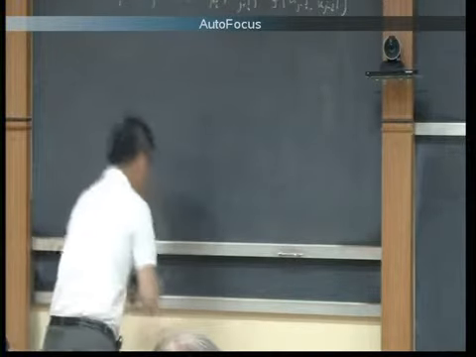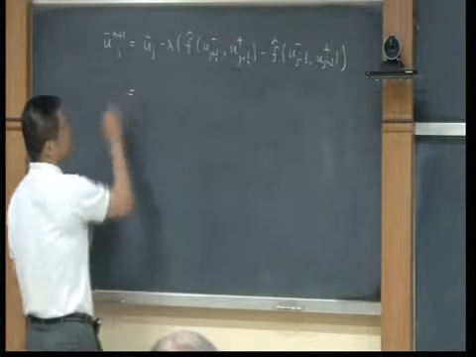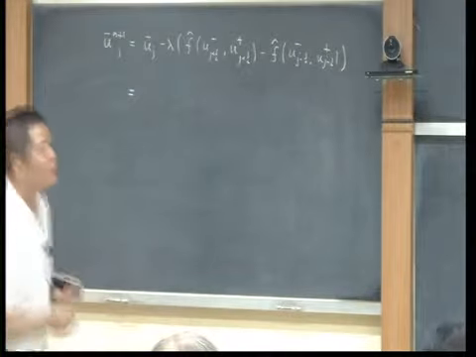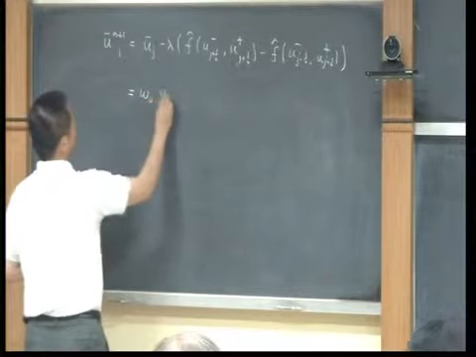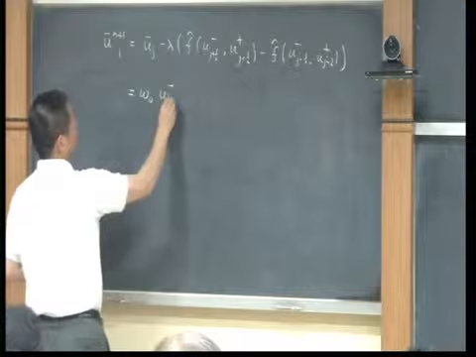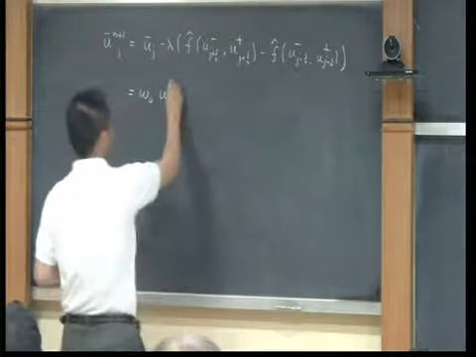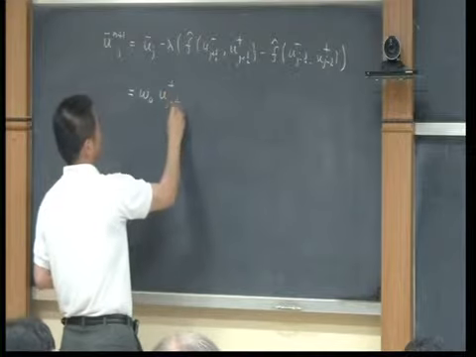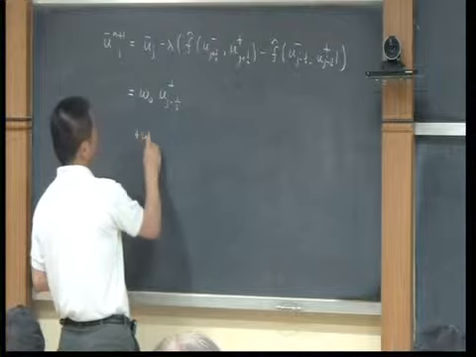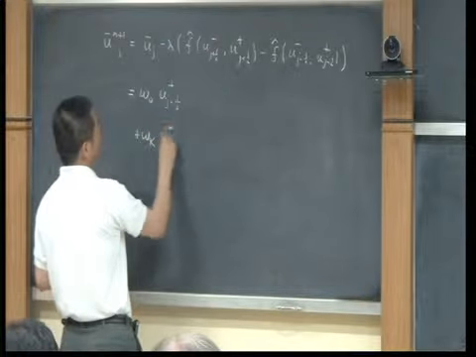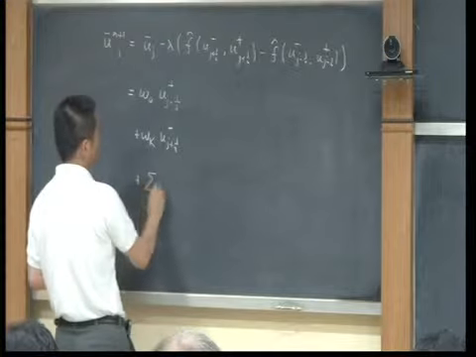I rewrite this as omega 0 u minus j, u plus j minus half, right, plus omega k u minus j plus half plus the remaining sum.